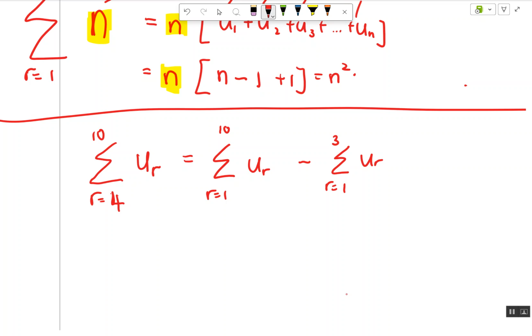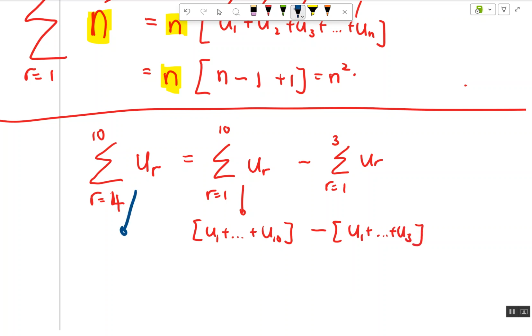Does it make sense? It makes sense because this one is u1 plus all the way until u10, and this one is u1 plus all the way until u3. I only want u4 plus u5 until u10. I don't want u1 to u3.